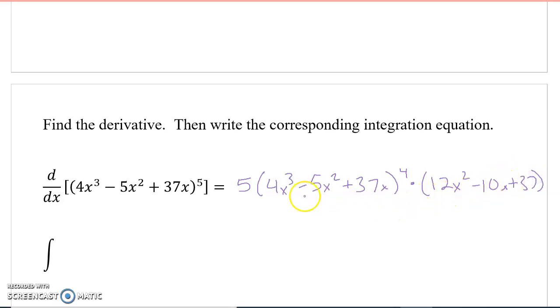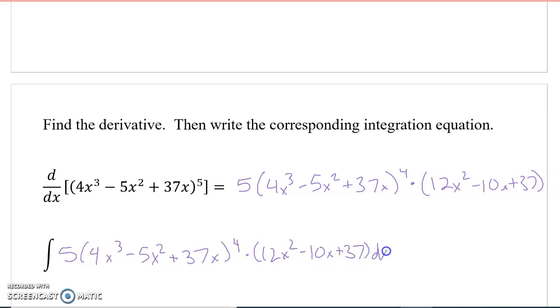All right, so the corresponding integration equation would be the integral of 5 times 4x cubed minus 5x squared plus 37x, all raised to the 4th power, times 12x squared minus 10x plus 37 dx.